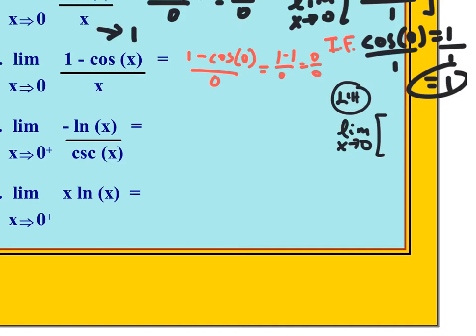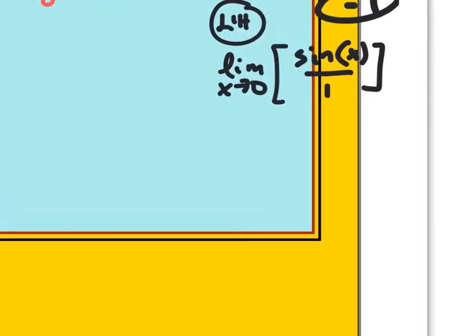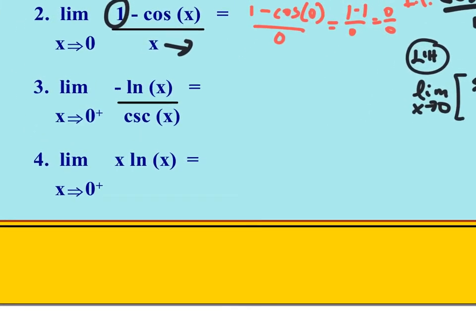So what is the derivative of 1? It's 0. Derivative of negative cosine is positive sine. Derivative of x is 1. And then I do a direct substitution. So this would equal sine of 0 over 1, which is 0. That's our other special limit.